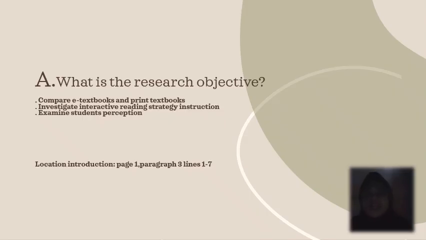The first objective was to compare the effect of electronic textbooks and print textbooks on student reading comprehension. The second objective was to investigate the impact of reading strategy instruction using an interactive textbook platform.